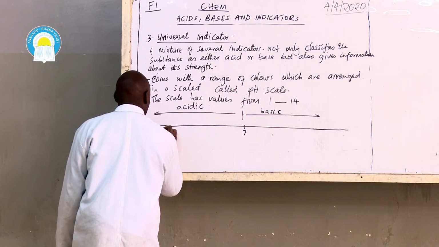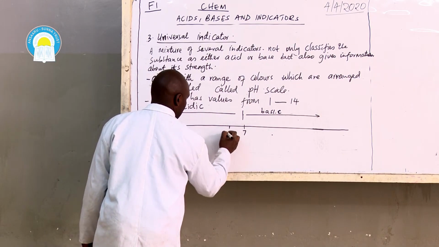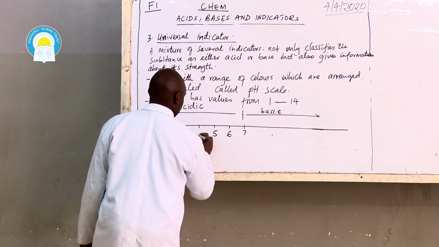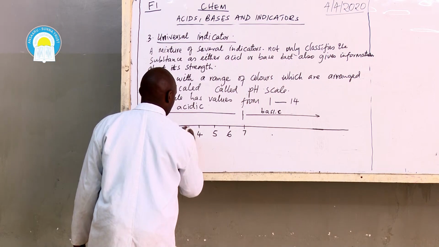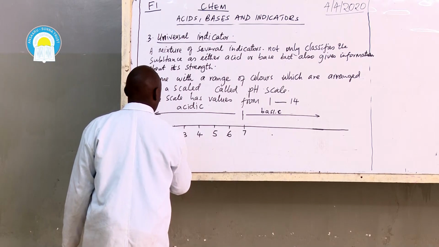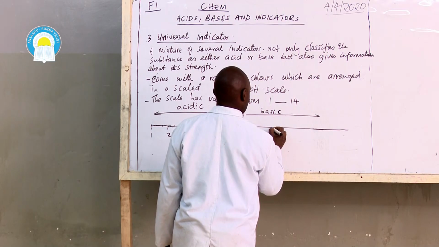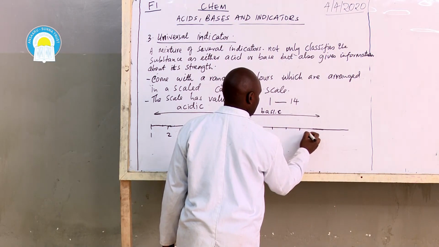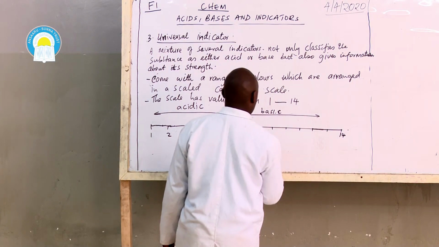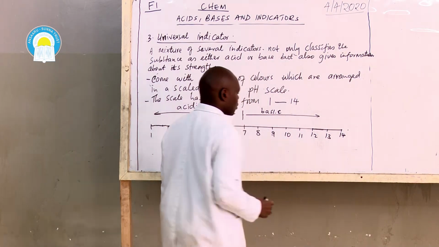Let me make this scale. We have 1, 2, 3, 4, 5, 6, and then here 8, 9, 10, 11, 12, 13, 14.